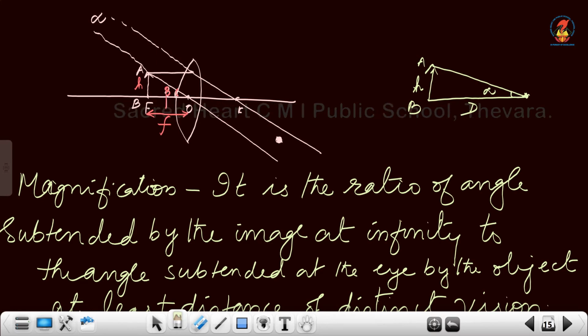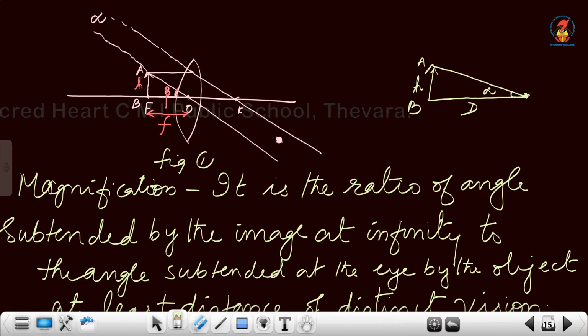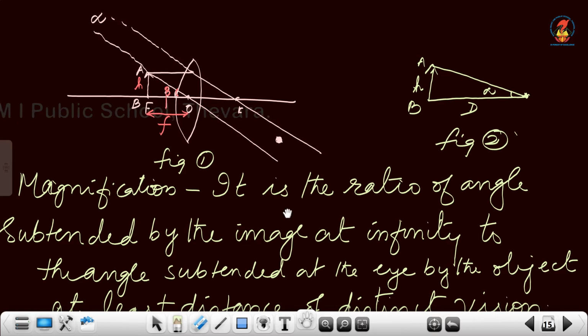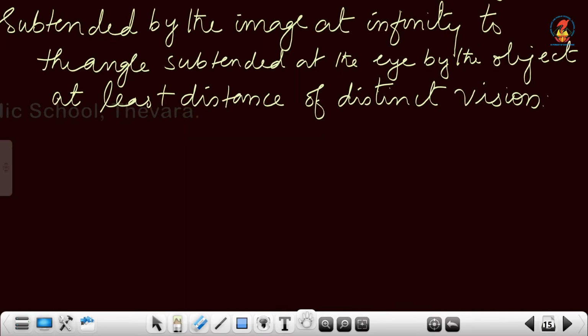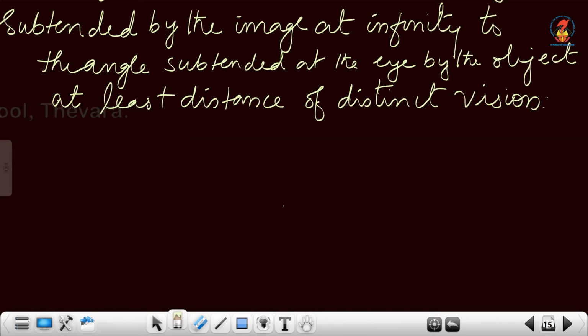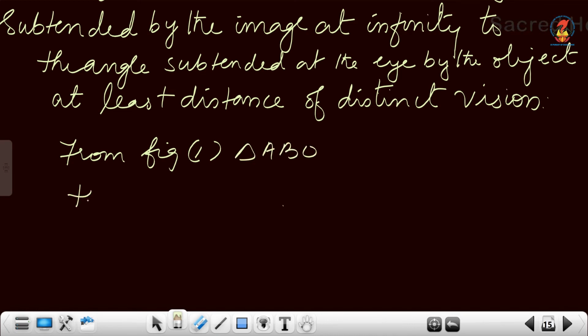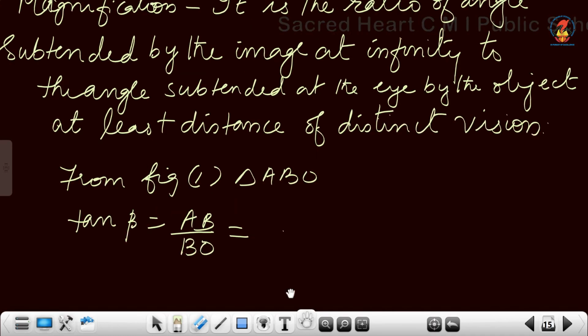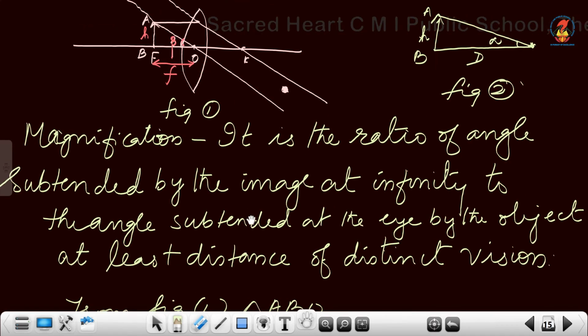So we are going to find out what tan alpha and tan beta are from the figures. We call this figure 1, and this is figure 2. Let us see what tan beta is. Using figure 1, from triangle ABO, tan beta is opposite side by adjacent side, AB by BO.